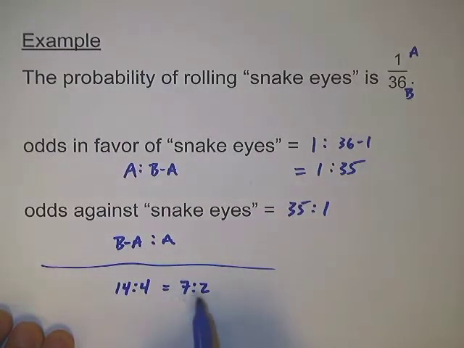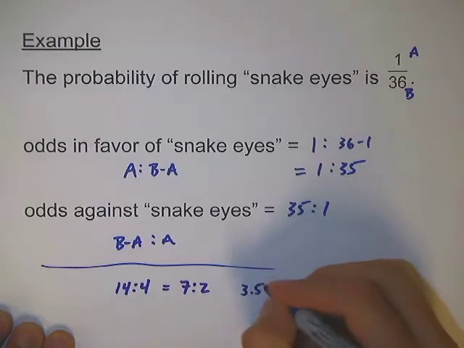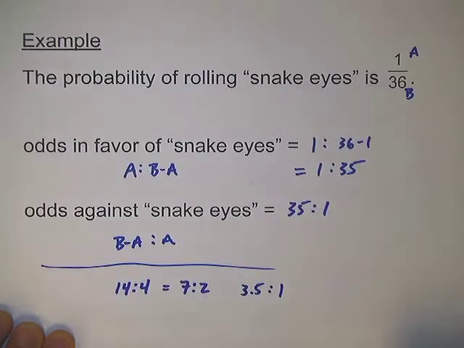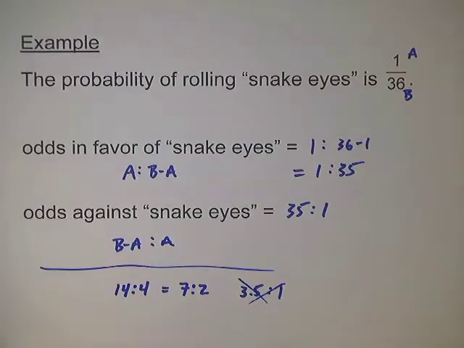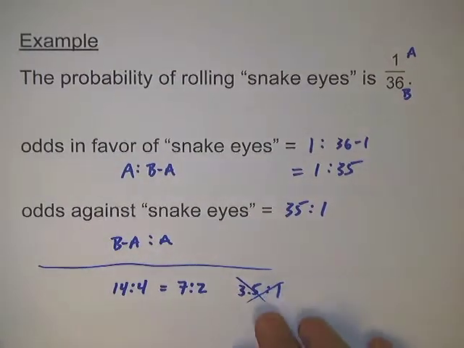This is probably the best way of writing those odds. You don't want to reduce again and write it as 3.5 to 1, dividing each by 2. Simply keep the lowest terms, which would be 7 to 2. That's just the way odds are typically represented.